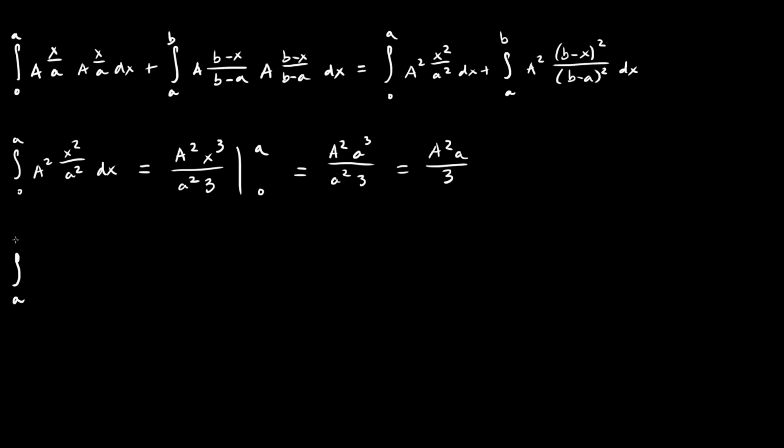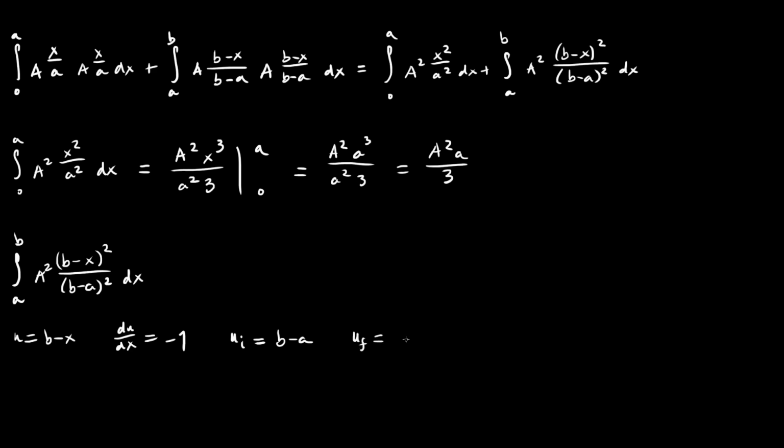And then now we could do from a to b. We use u-substitution for this, where u is equal to b minus x, and du/dx is equal to negative 1. The initial limit will now be b minus a, because we just have to plug in the first value for x, and then the final limit will be 0.